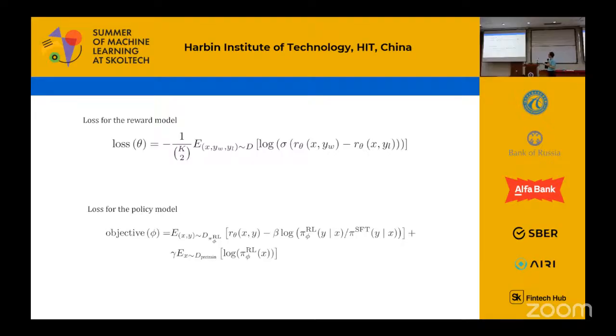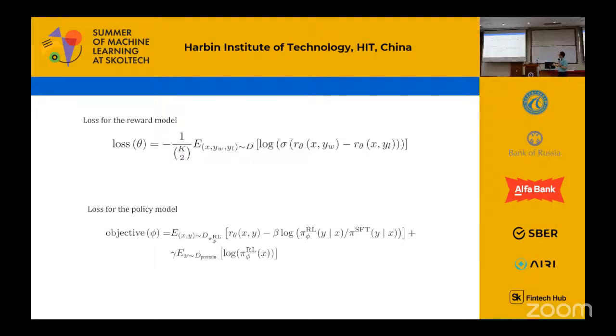With this learned reward model, R theta, to train the policy model, the objective has three loss items. Of course, the first one is the reward generated from this XY pair. X is the user input, Y is the model output. Of course, we want to maximize this reward.